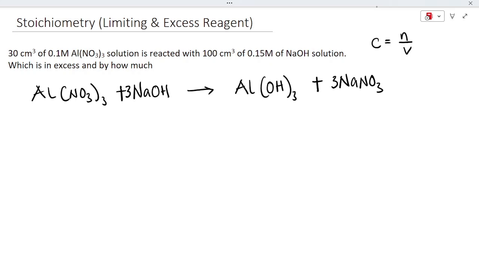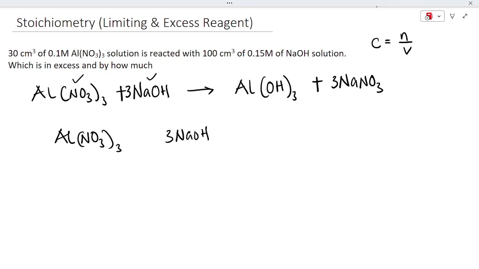So as usual, if you are looking for what is excess and what is limiting, we are dealing with both reactants. So we simply have Al(NO3)3 as what we are dealing with, and we have sodium hydroxide, 3 moles of it.